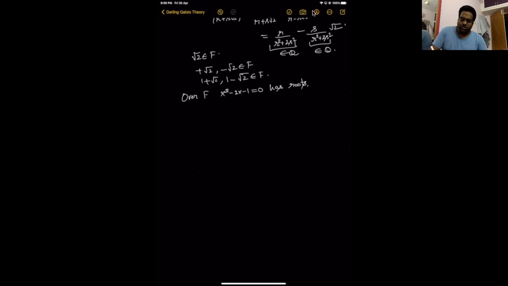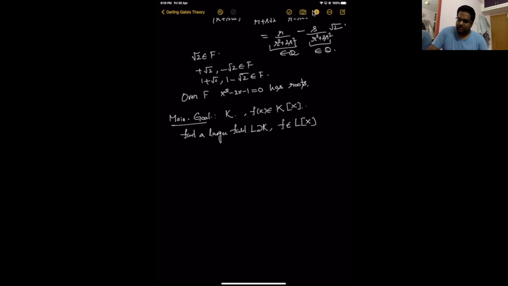So the main goal: let K be a field and f be a polynomial over K, that means it has coefficients in K. The goal is to find a larger field L containing K, such that f considered as an element of L[x] splits into linear factors, and if possible, find them. Can you do it in an economical way?